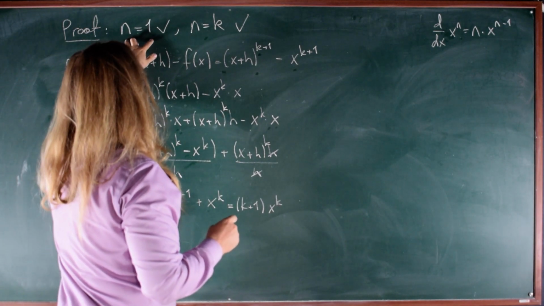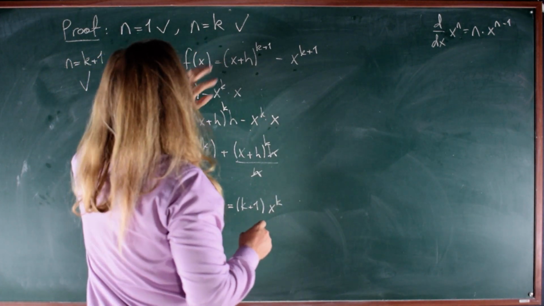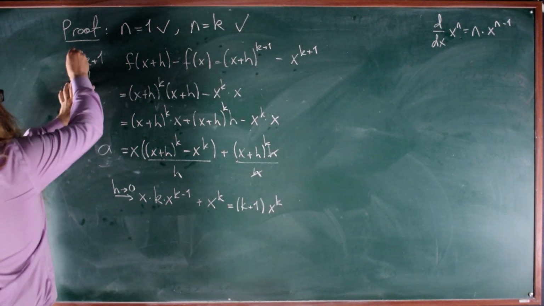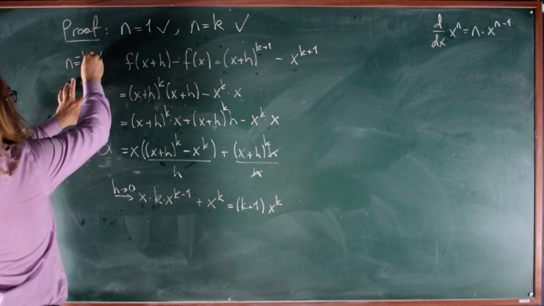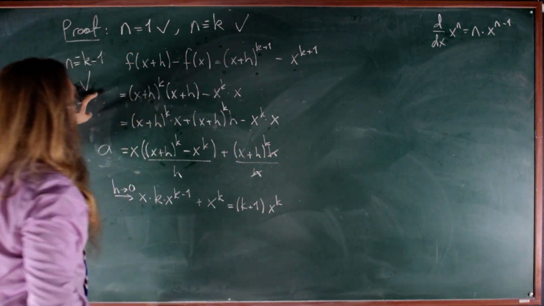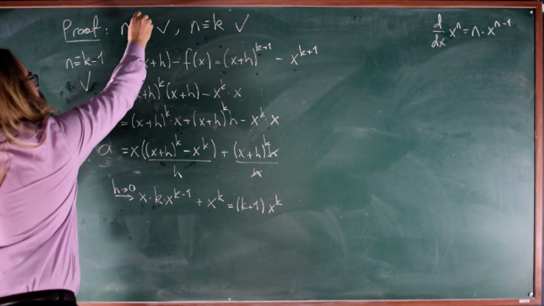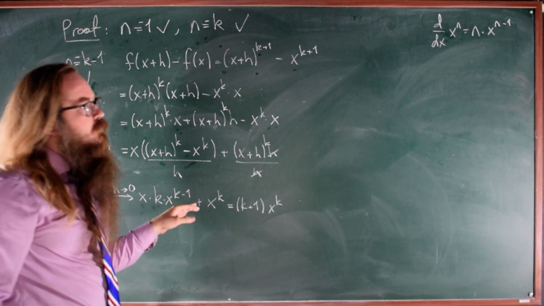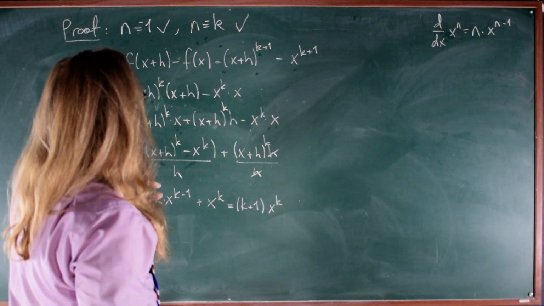Again, I need a basis case. And then I'm going to do this for n equals minus k minus 1, and assume this is true for minus k. And there you go. So I put a minus on all of these. All right, so what happens here?